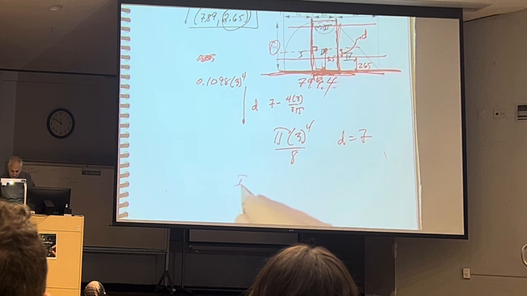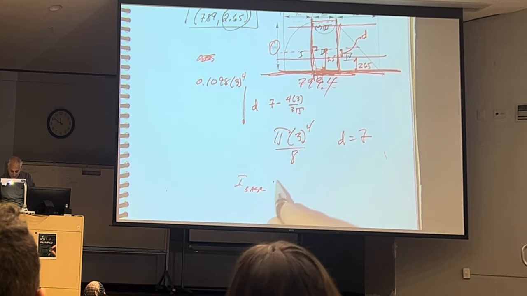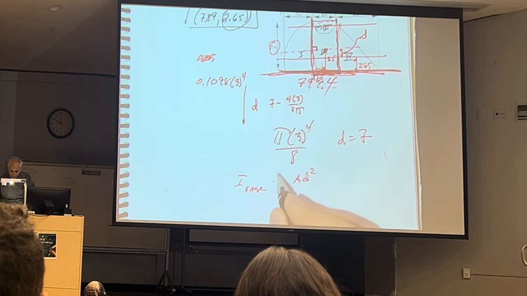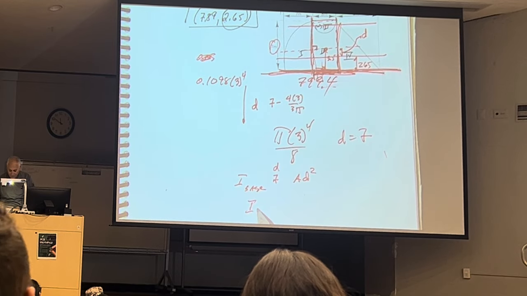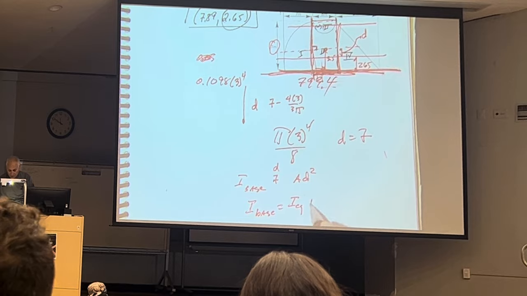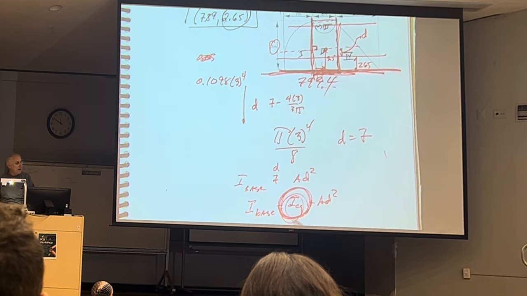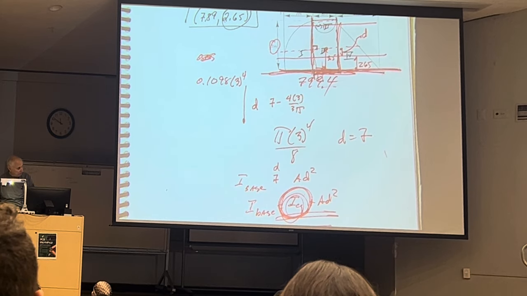I got I about the base, and then I'm going to transfer it, multiply times AD squared, where DI is the 7. Well, I about the base is equal to ICG plus AD squared. You need the ICG, not the I about the base, in order to transfer.